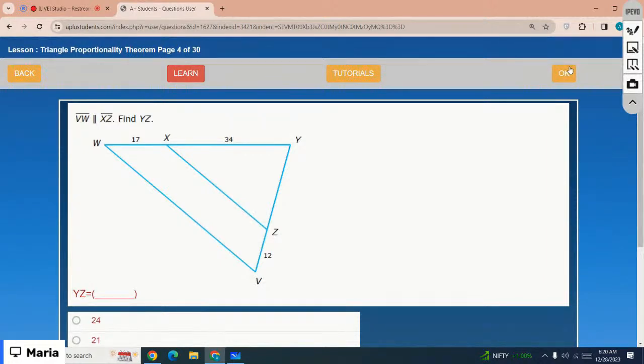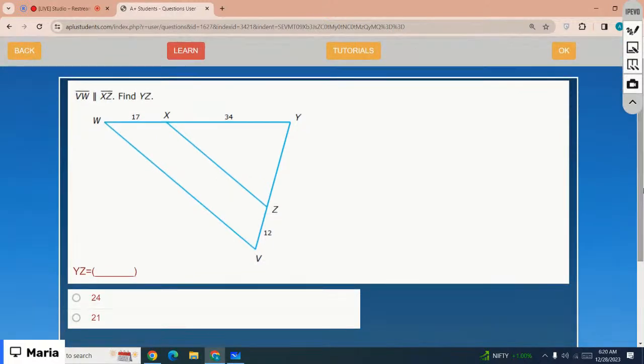Okay, VW and XZ are parallel. Find VZ. So, which is the correct option? You can solve the question and write the answer in the chat box.